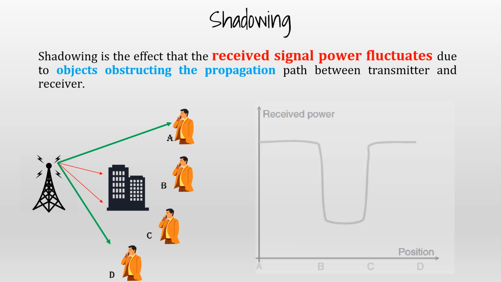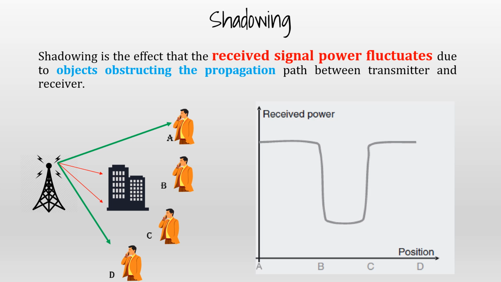When we put this in a graph, taking position on the x-axis and received power on the y-axis, we could see that when the user is at point A, he receives high signal power, and when he is at points B and C, he receives only less signal power, and when he reaches point D, the signal power increases again. So there is an increase in signal power, a sudden decrease, and again an increase.